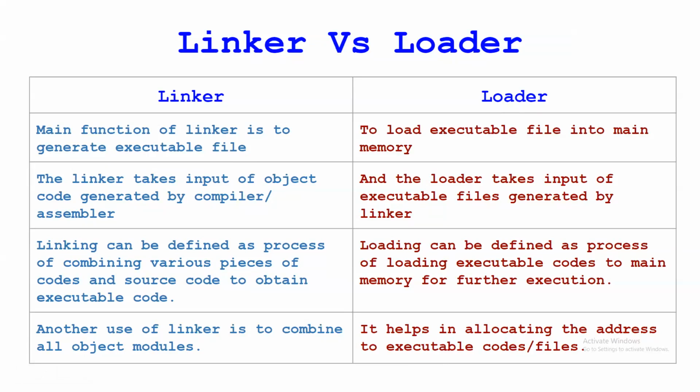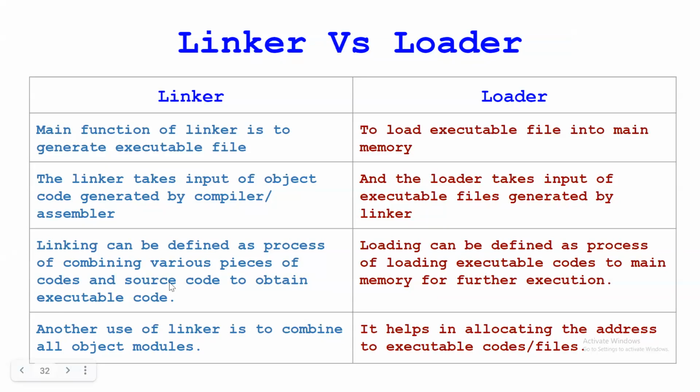This is talking about the input: whatever object file has been created by the compiler or assembler will be taken as input. But the loader takes as input the executable file generated by the linker. That is obvious because it is loading that executable file into the memory.